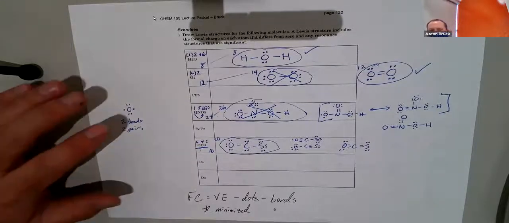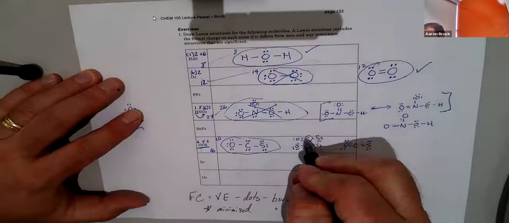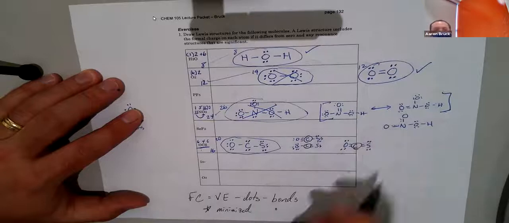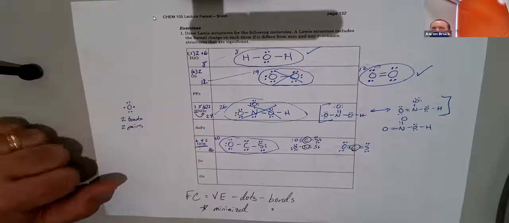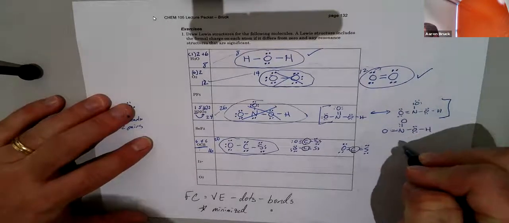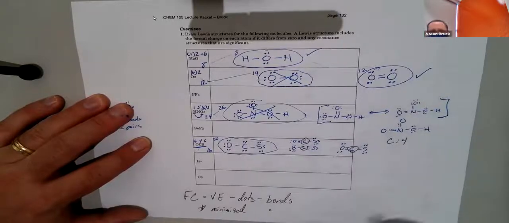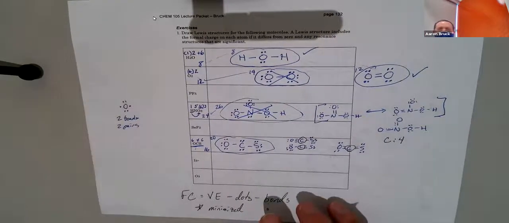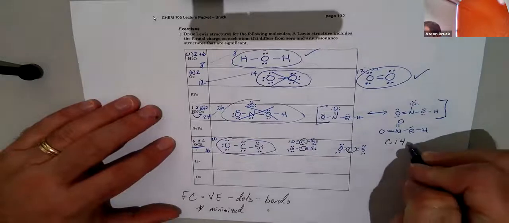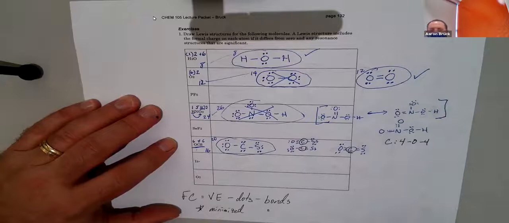So if I look at these 3 structures, I can see that carbon is pretty common in all of them. Carbon is the same in all of them, in fact. If I look at the formal charge for carbon, I will see that carbon has 4 valence electrons, no dots, and 4 bonds.